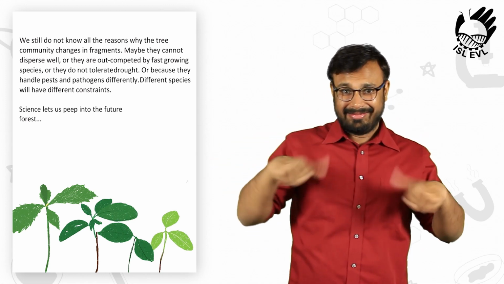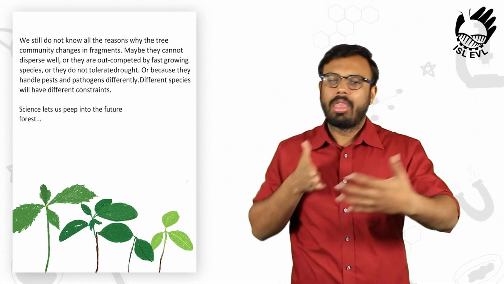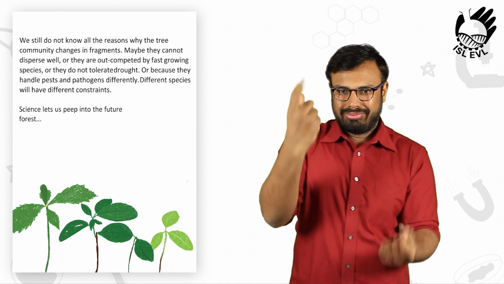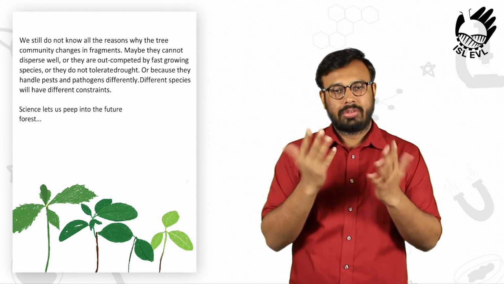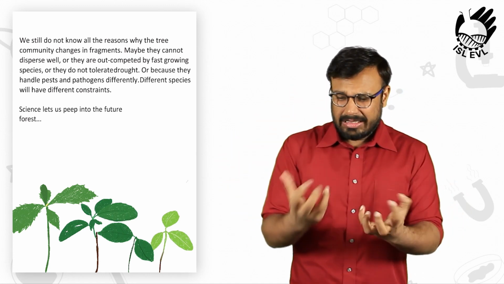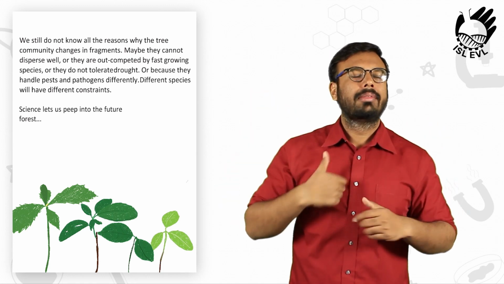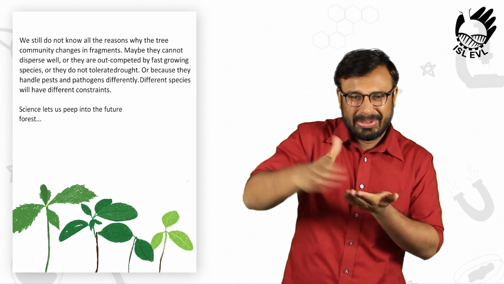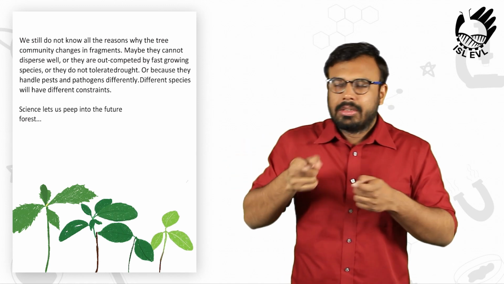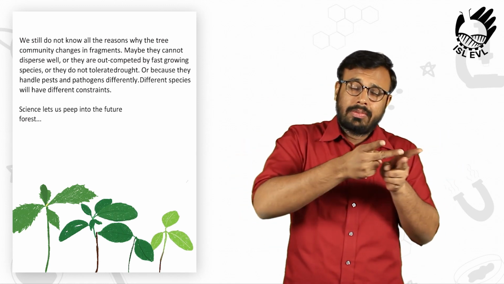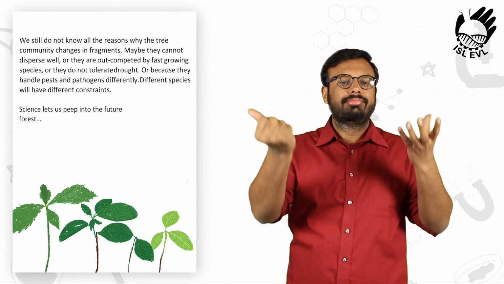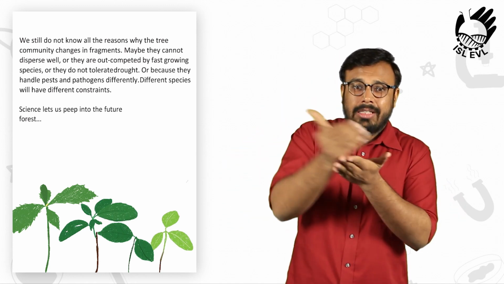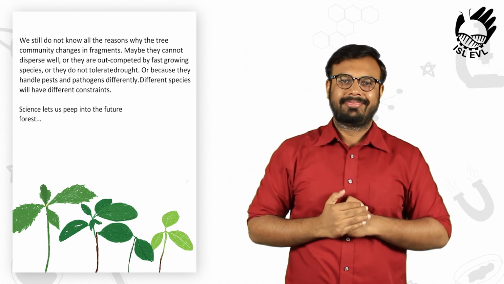Maybe they cannot disperse well, or they are outcompeted by fast growing species, or they do not tolerate drought, or because they handle pests and pathogens differently. Different species will have different constraints. Science lets us peep into the future forests.